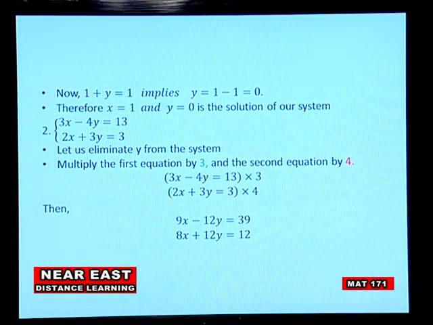So now put it. The first equation is saying x plus y equal to 1. Okay, x is 1, y is 0. 1 plus 0 is 1. So this is satisfied. The second one, x minus y equal to 1. X is 1, y is 0. 1 minus 0 is 1. So definitely x equal to 1 and y equal to 0 is the solution of our system.